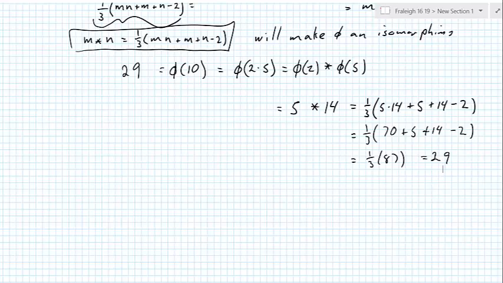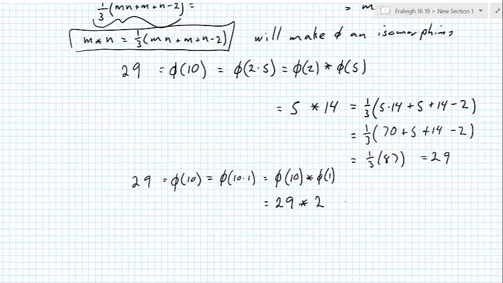Now, it might not be easy to see what the identity element is, but let me suggest a way of doing this. Let's consider phi of 10 again. That's also phi of 10 times 1, and it still should be 29. And this should be phi of 10 starred with phi of 1, which will be 29 starred with phi of 1, which is 3 minus 1, so 2.